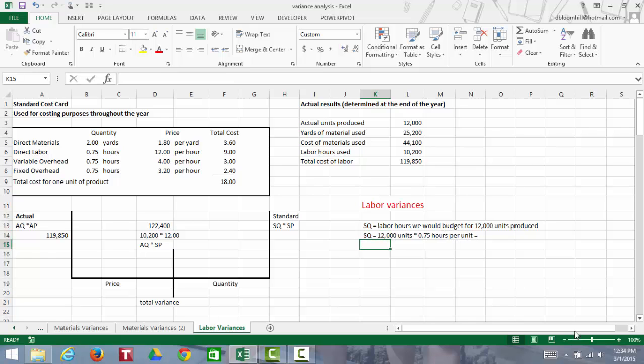So letting Excel calculate that number, 12,000 multiplied by 0.75 gives us a standard quantity of labor of 9,000 hours.